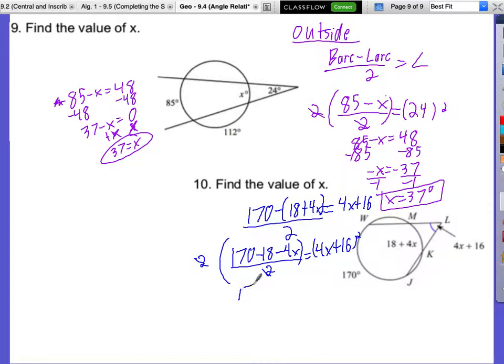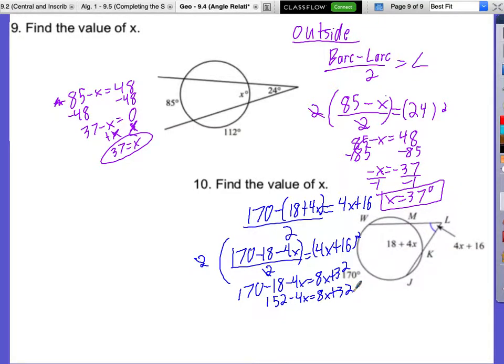That's fine. 170 minus 18 minus 4x is equal to 8x plus 32. Or add 4x. Combine like terms. 170 minus 18. What did you do?